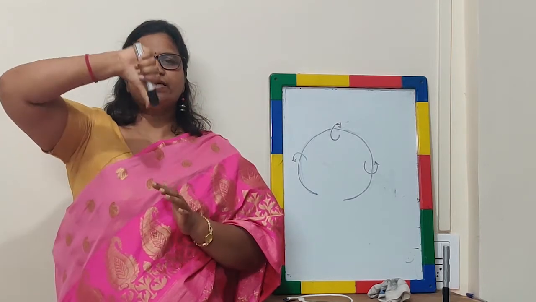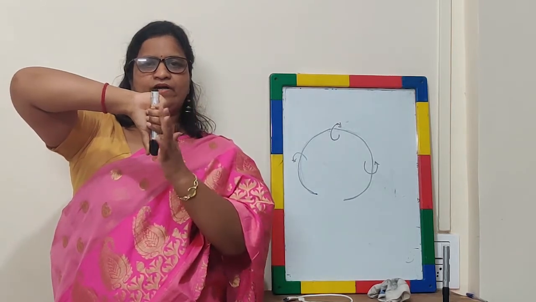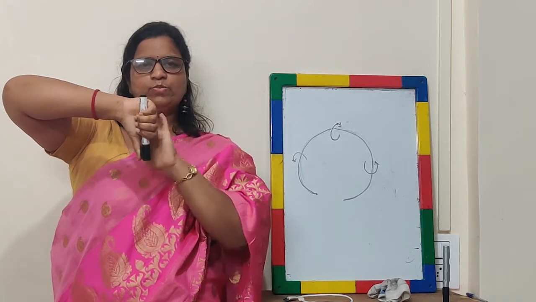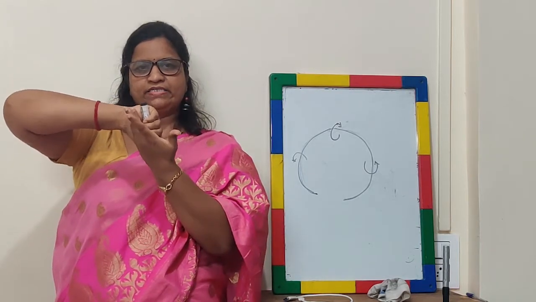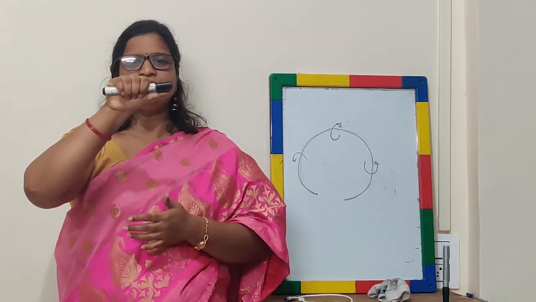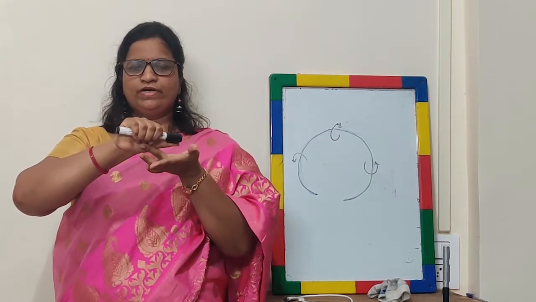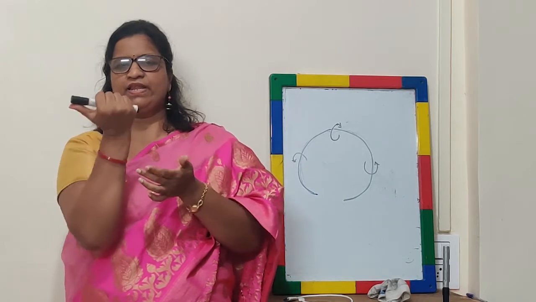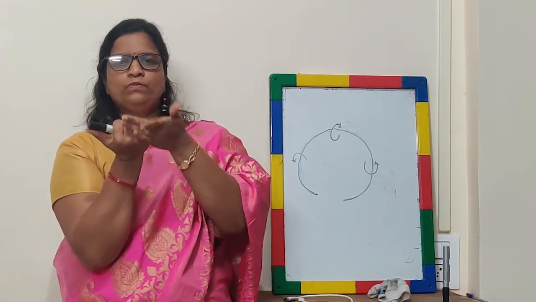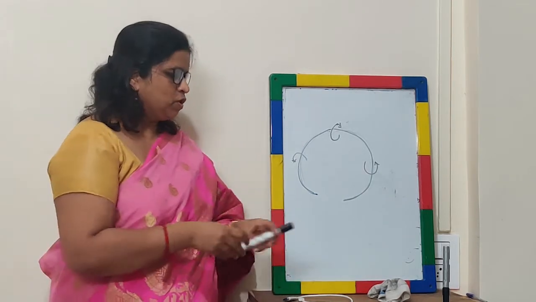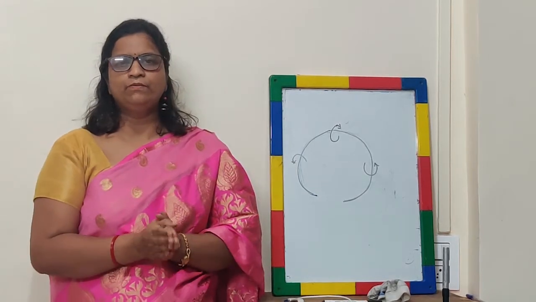If I change the direction, automatically the magnetic field line's direction changes. Now it is moving from left hand to right hand side. If it is like this, then it is moving from the top towards the downward direction. If I change this one like this, then it is coming from bottom towards the upward direction. So it is the right hand thumb rule.